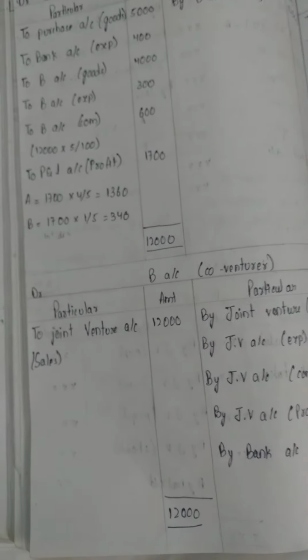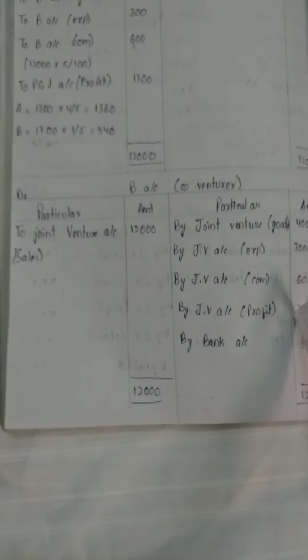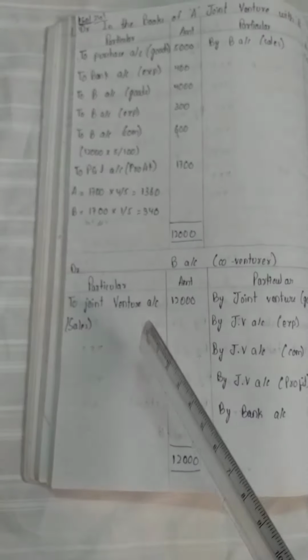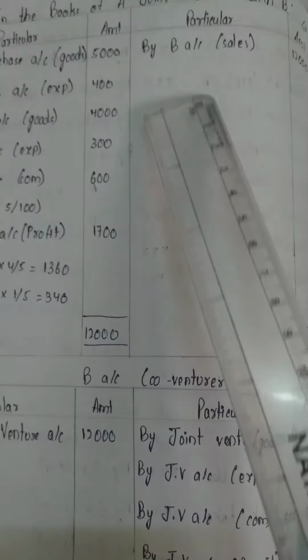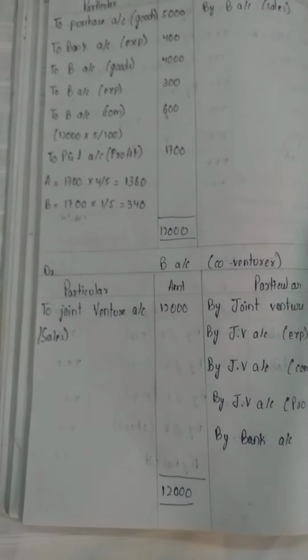So next, moving on to B account, co-venturer account. So pro forma is same for this also, debit and credit. In this, the debit will be credited and credit will be debited. So we have to write the amount. By sales 12,000 we are getting, so we have to write to joint venture 12,000.